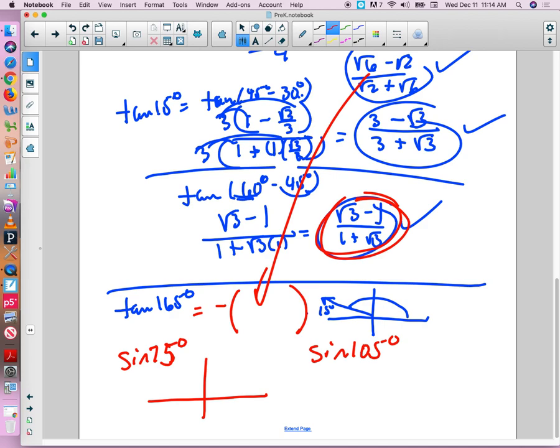There's all sorts of things swimming around on this worksheet that you can take advantage of. Here's sine of 75. Here's 105. They have the exact same answer. What's sine in the first and second quadrant? Positive. If you look at your sheet, those are the same. There's more swimming around on your page.